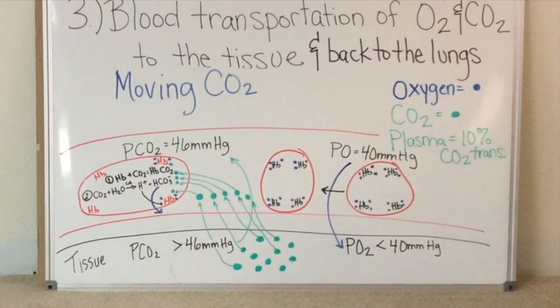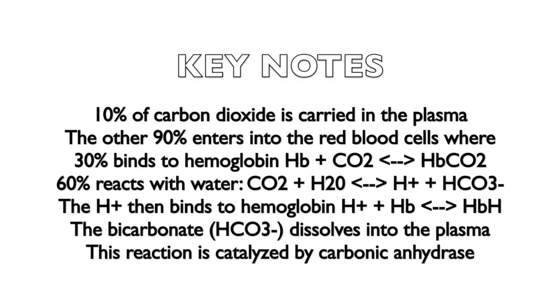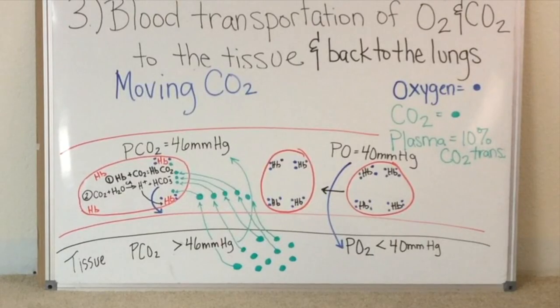The hydrogen ion will then reversibly attach to the hemoglobin within the red blood cell, and the bicarbonate will dissolve out of the red blood cell back into the plasma. The ability for the hemoglobin to bind to hydrogen helps maintain normal pH within the blood.